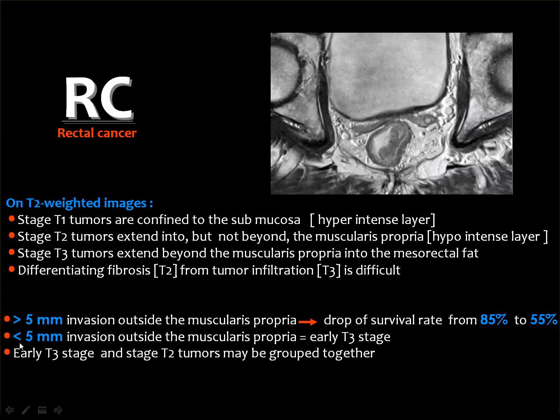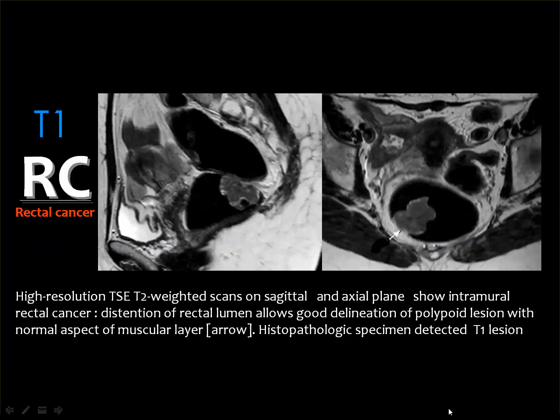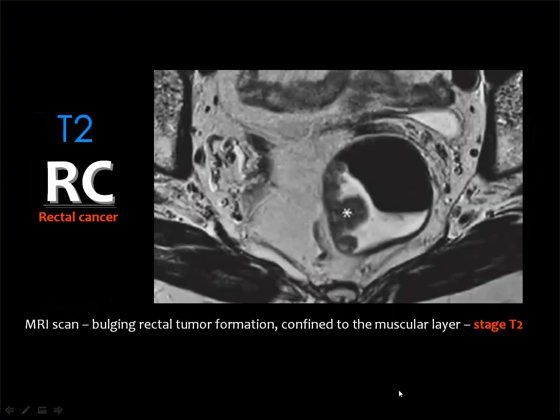Less than 5 millimeter invasion means that you are dealing with early T3 stage, and sometimes T3 stage may be mistaken for T2 tumor, especially, as I will show you, if you get some strands in the mesorectal fat. Here, this is T1 cancer, and the outer layer of the colon is intact, and the tumor is totally within the confinement of the colon.